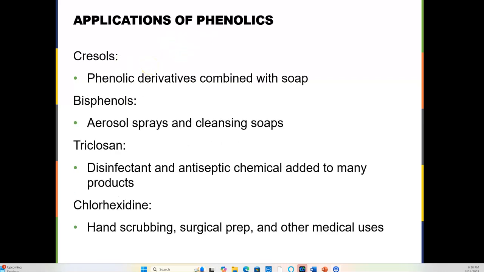Cresols are a phenolic derivative combined with soap. Bisphenols are used in aerosol sprays and cleansing soaps. Triclosan is a disinfectant and antiseptic chemical added to many products. Hexidine is used in hand scrubbing, surgical prep, and other medical uses, but it's going to be very, very dilute.